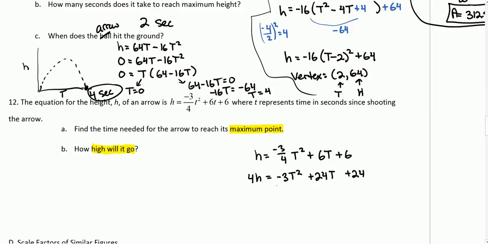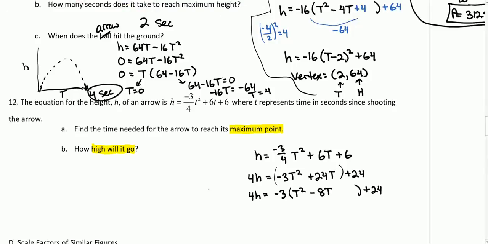And then I'm going to factor out the negative 3 from the first two terms. I get 4h is negative 3 times t squared minus 8t. Leave a little room to complete the square, keep the positive 24 at the end.